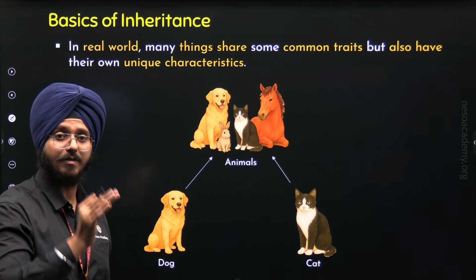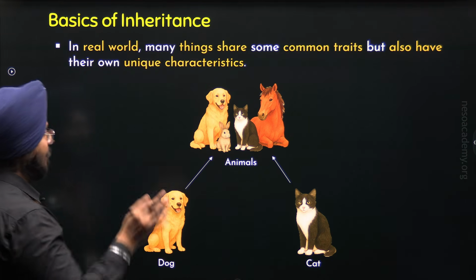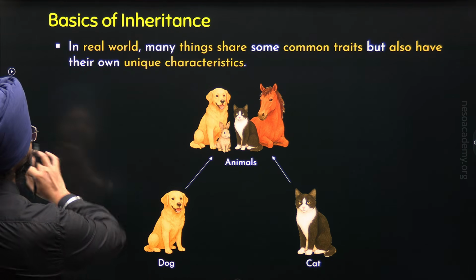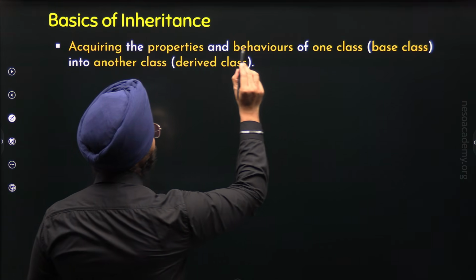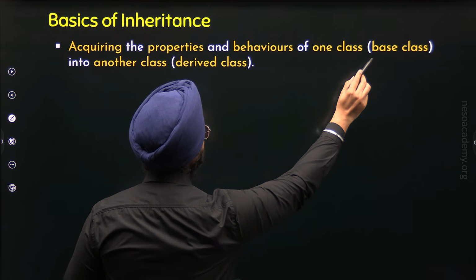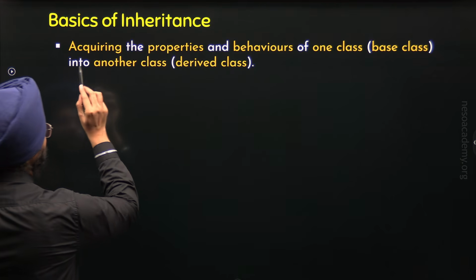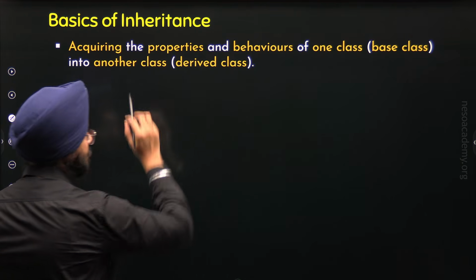Now let's understand the meaning of inheritance in C++. In C++, inheritance is all about acquiring the properties and behaviors of one class, which we also call the base class, into another class, which we also call the derived class.